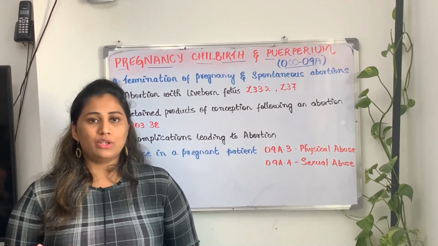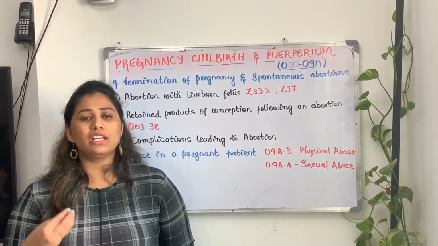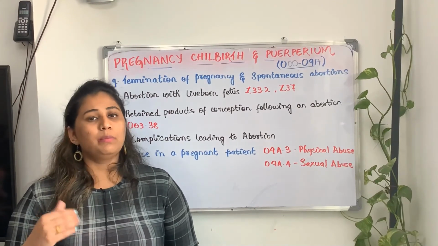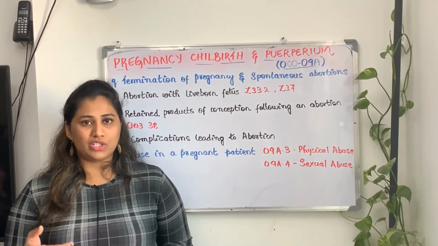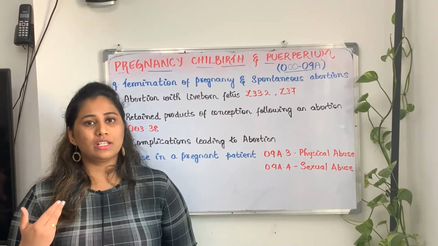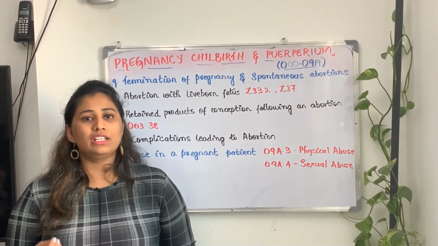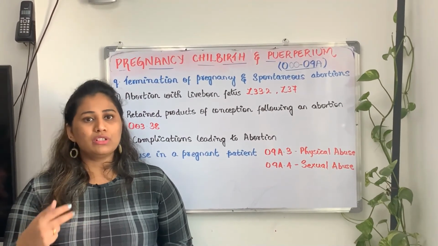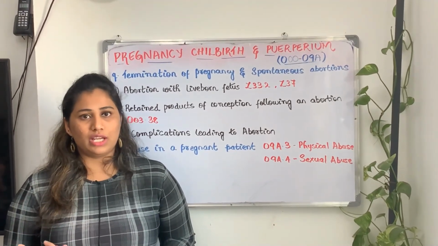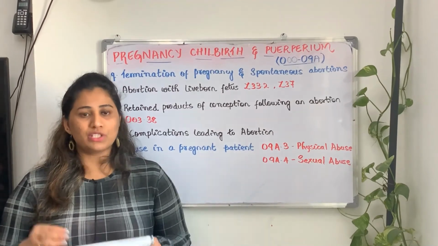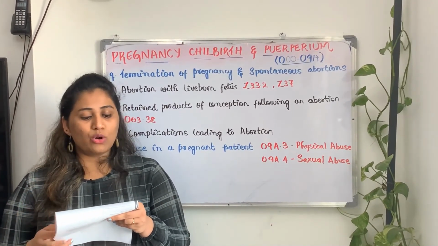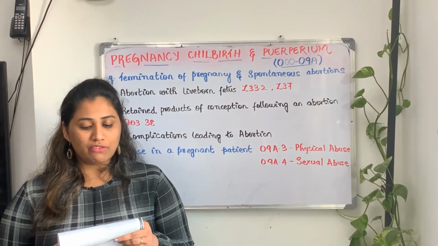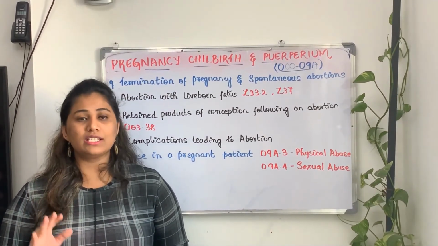If the patient is undergoing an abortion and there are some conception products remaining, and the patient is developing UTI, in this case we will be mentioning the code O03.38. The code description is UTI following incomplete spontaneous abortion.